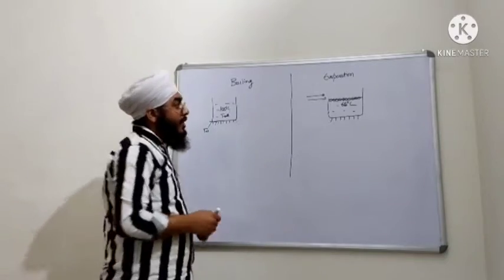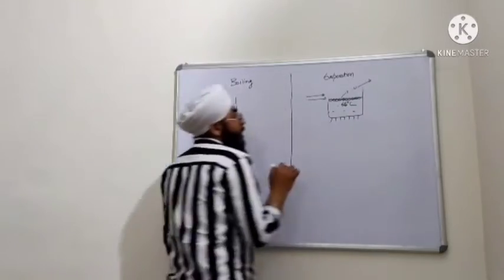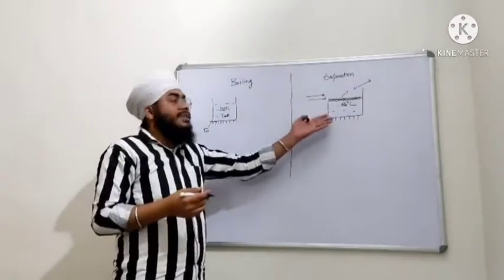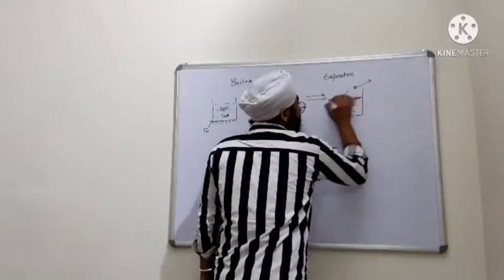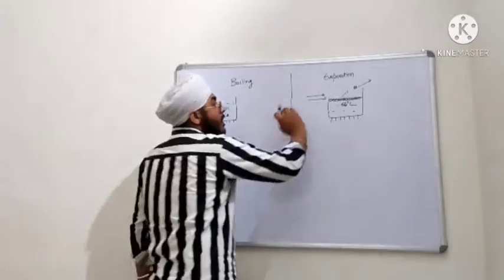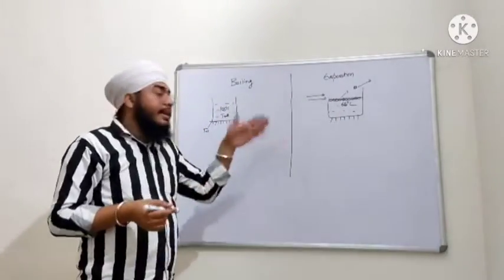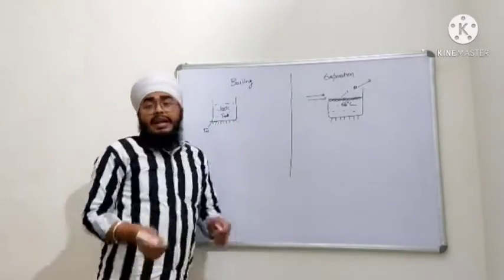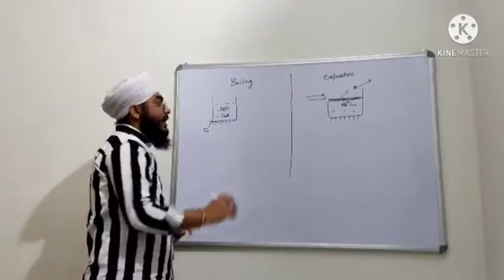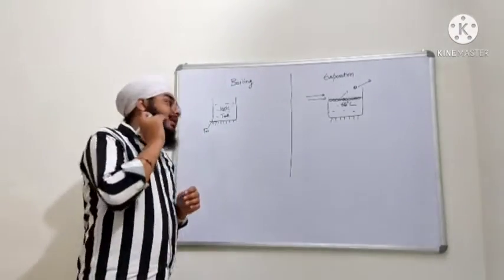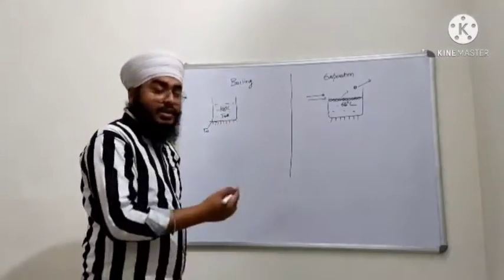Even though the temperature is just 68 or 69 degrees Celsius, the particle which was in liquid form has already converted into vapor form. So the first basic difference is that evaporation can occur at any temperature, but boiling will only occur when the temperature is greater than the saturation temperature. That is the first difference.